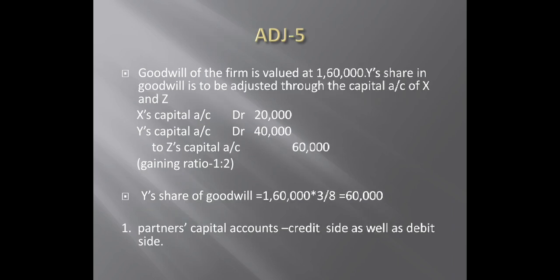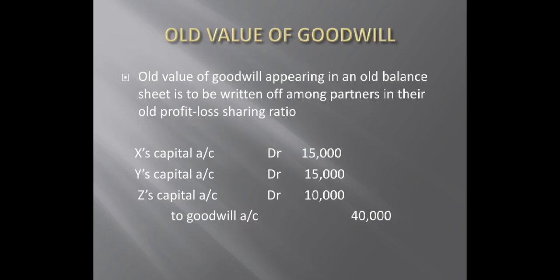And this adjustment was about the new value of goodwill. Please don't forget. And yeah, in this journal entry, if you will see, the amount has been written off, or I can say given by old partners in their gaining ratio. 1 is to 2. 60,000 in 1 is to 2. Yes?